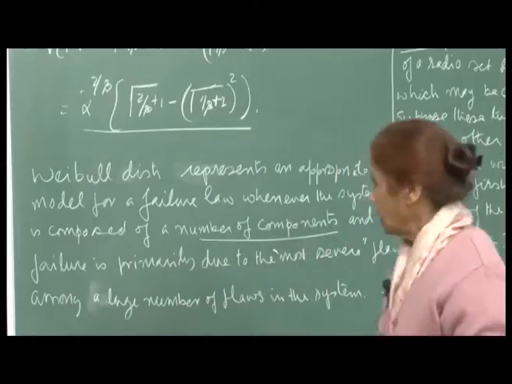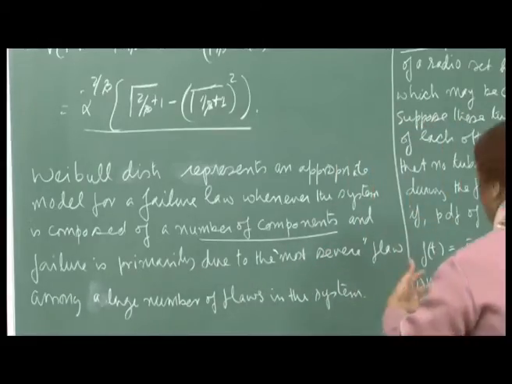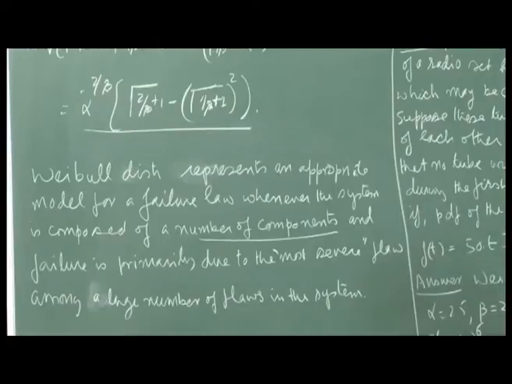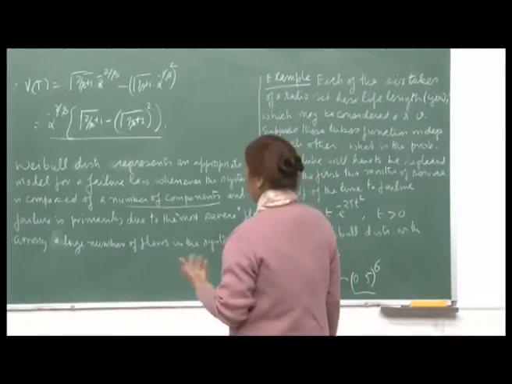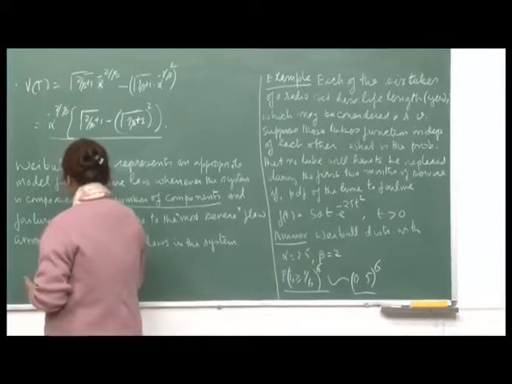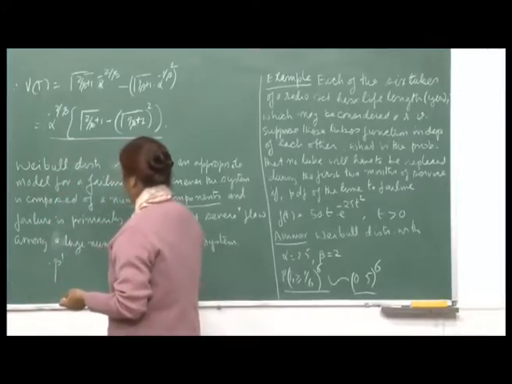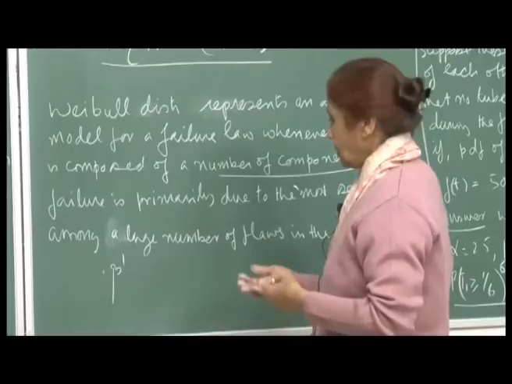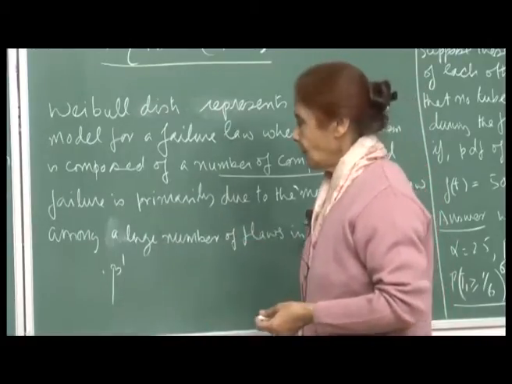This is a situation which a Weibull distribution will represent, with your alpha and beta. Of course, you have seen that by changing the values of beta, you can have an increasing failure rate, a constant failure rate, or a decreasing failure rate. So, this we have already seen.